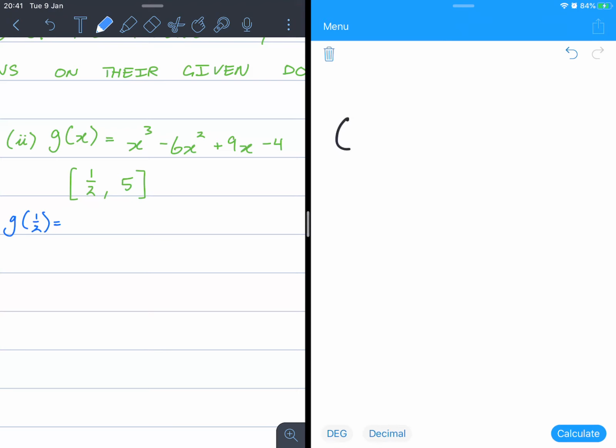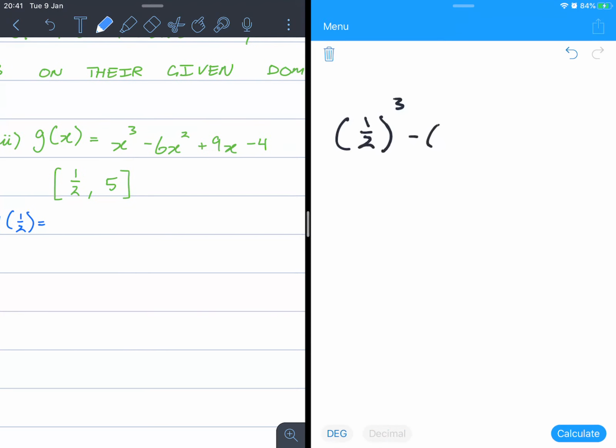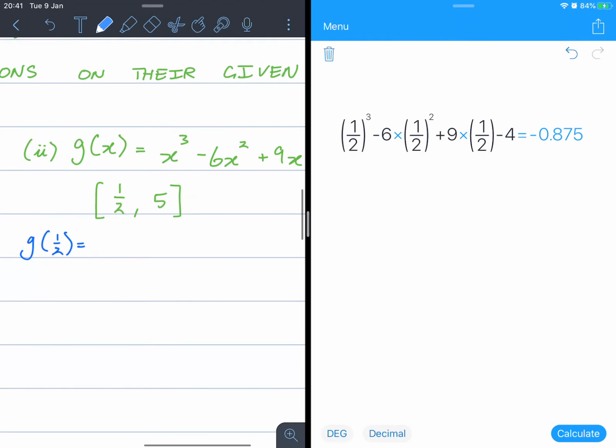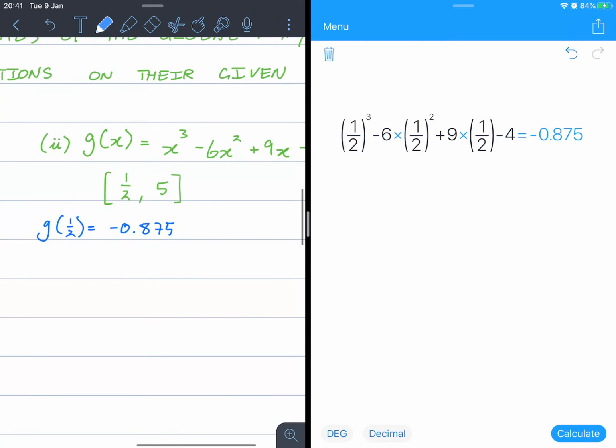So we get half to the power of 3 minus 6 times half to the power of 2 plus 9 times half minus 4. That gives me negative 0.875. So this point here is half, negative 0.875.